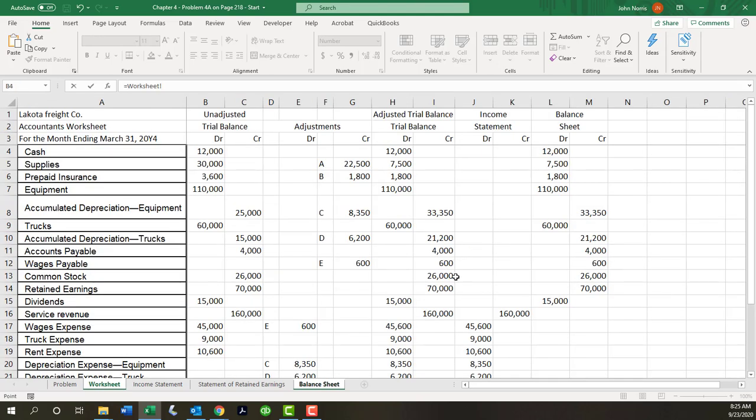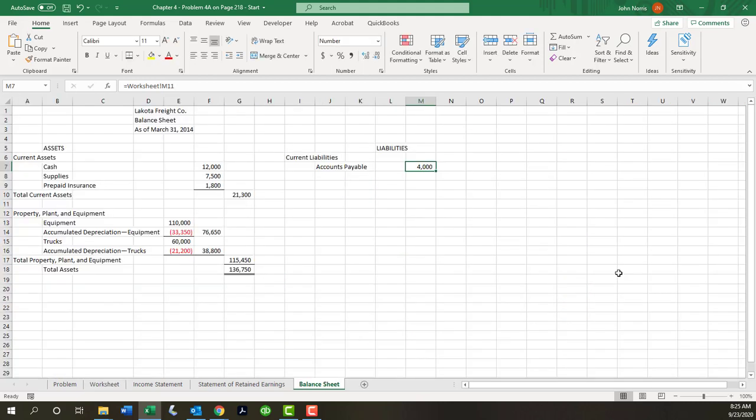Accounts payable is that. It's two of those, which gives us total current liabilities of 4,600.